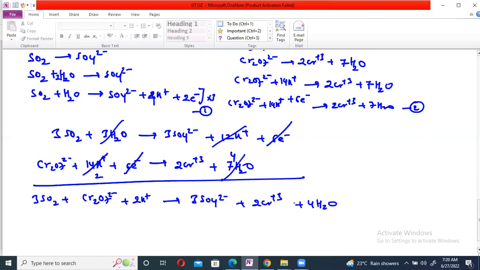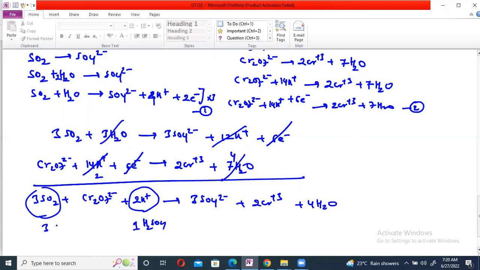In the question, they are asking X, Y, Z: acidic medium, that is H plus ion, how many moles of sulfuric acid, and how many moles of SO2, right? See beta, this is 2H plus ion, but when we write it in the form of H2SO4, 1 mole will come. And SO2, you know, it is 3 moles.